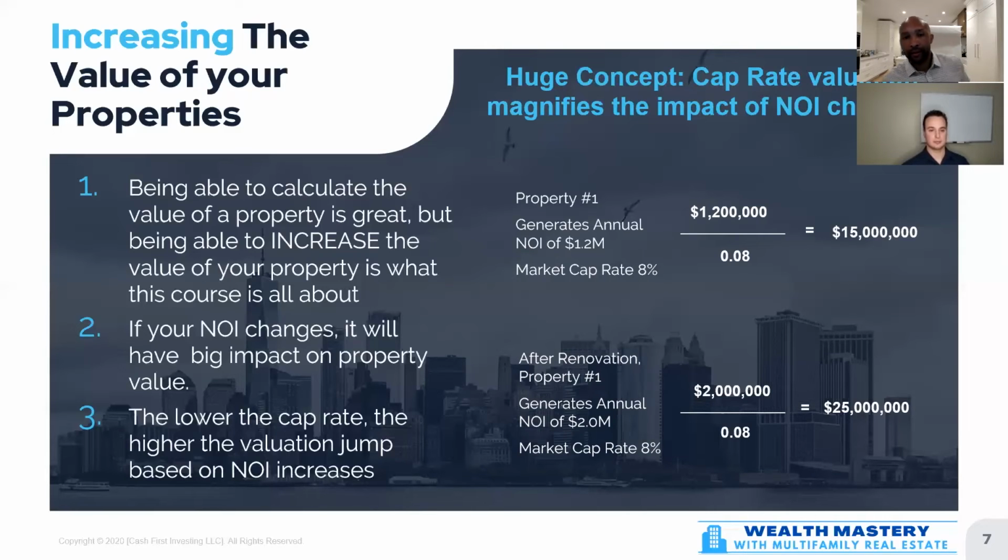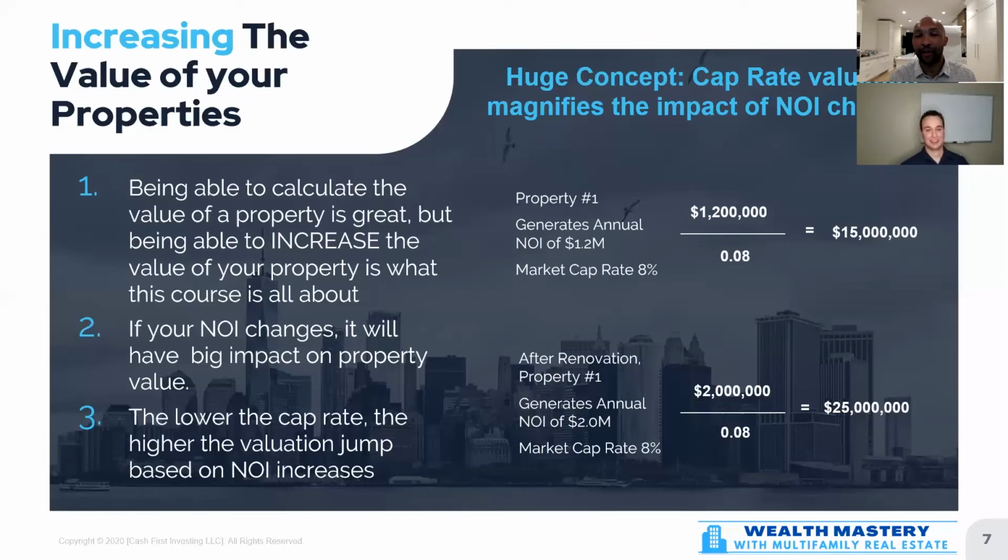It's tremendous. And increasing the NOI is basically doing some renovations in the apartment and being able to increase the rent on your tenants. Has anybody ever had a $20 rent increase? $50 increase? Or $100 rent increase.